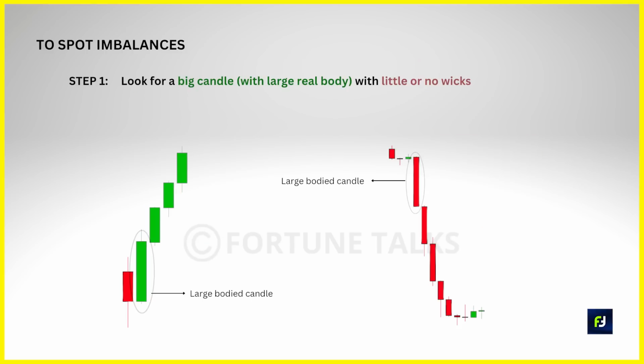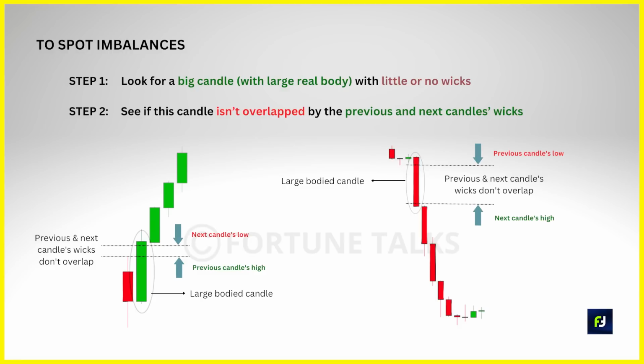Now, when looking for an imbalance in the market, simply look for any candle which has a full real body and look for the part of this candle that is not overlapped by the previous and next candle's wick. This signifies an imbalance in the market because there were only a few transactions going on between buyers and sellers. We can clearly say that one party has overpowered the other depending on the direction of the price.